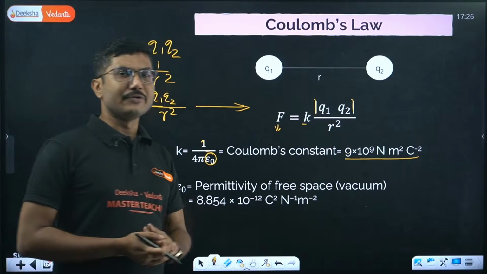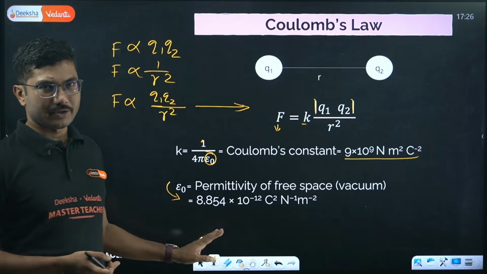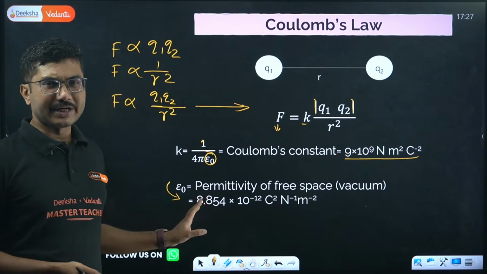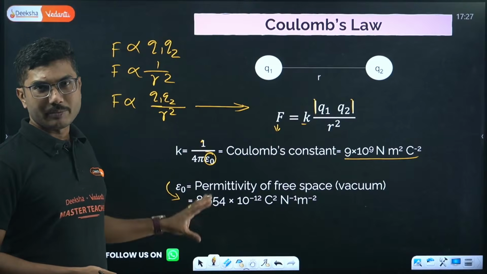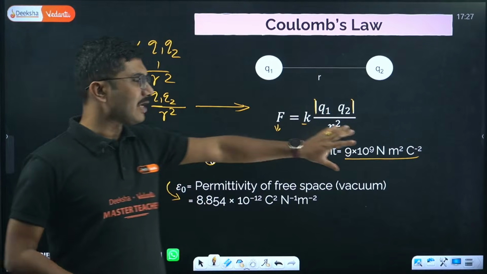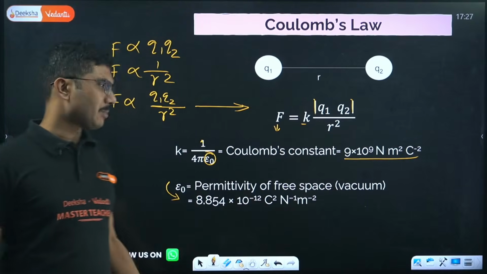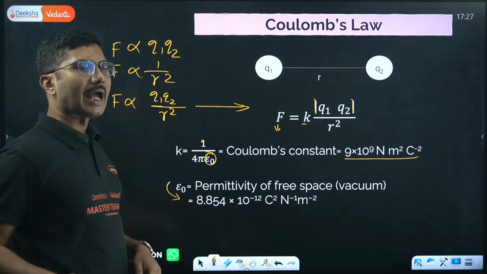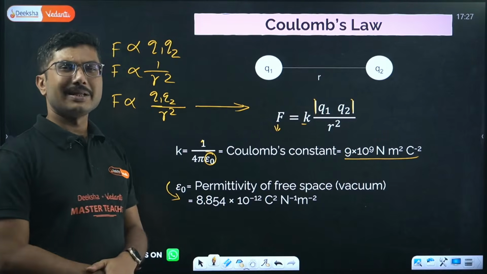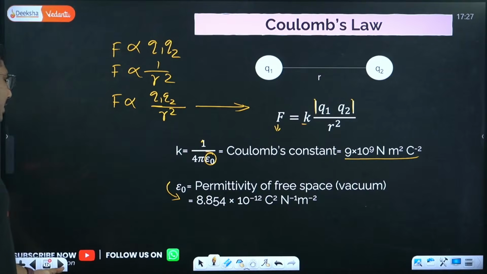Sometimes it is written as 9 into 10 to the power of minus 12. But with time and practice, you will also remember this value. You don't need to worry too much.